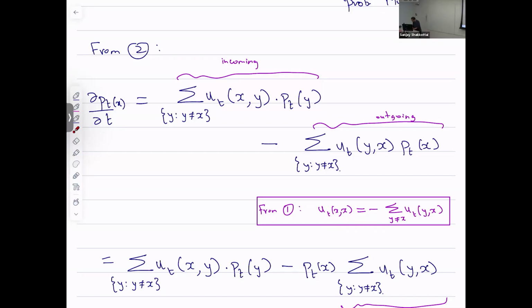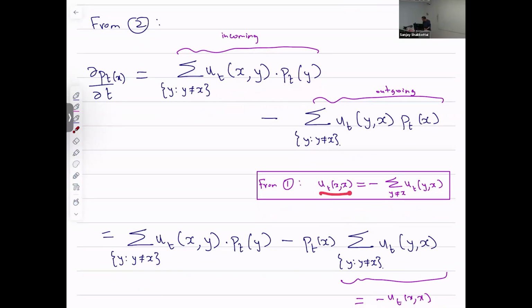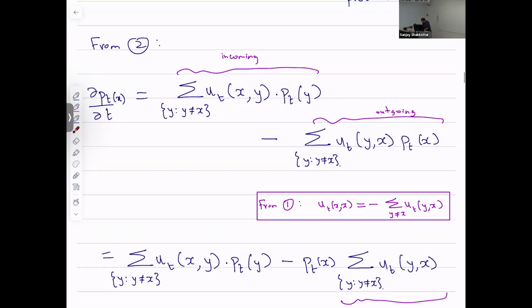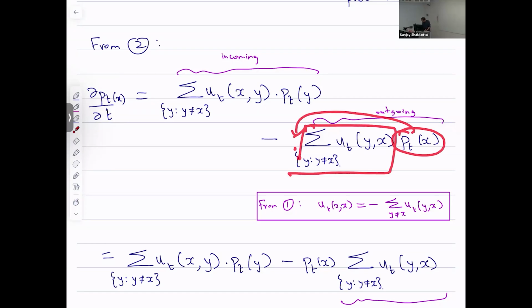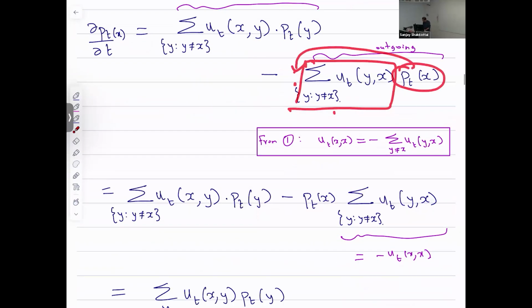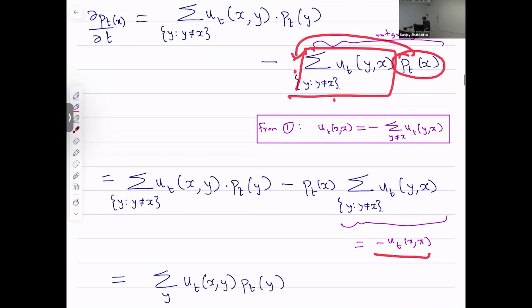Which means that u_t(x,x) is the negative of the sum over all y not equal to x of u_t(y,x). Just from that. Now look at this outgoing flux. p_t(x) is outside the summation over y, so p_t(x) can be pulled out. You get p_t(x) times this summation, and this summation is nothing but negative u_t(x,x).